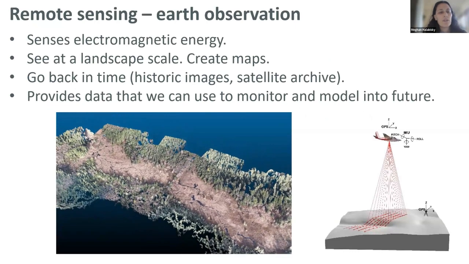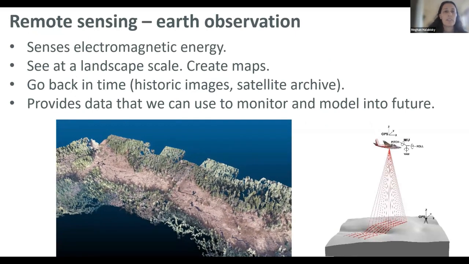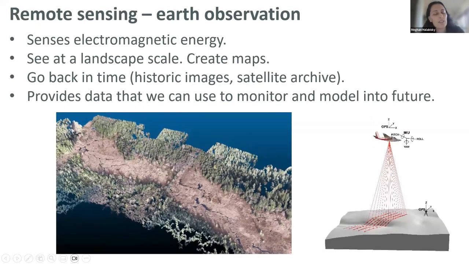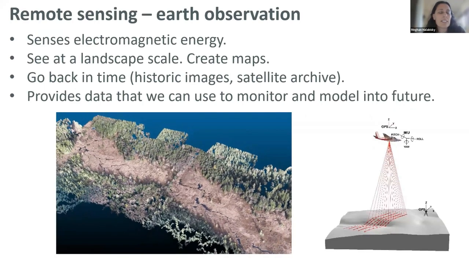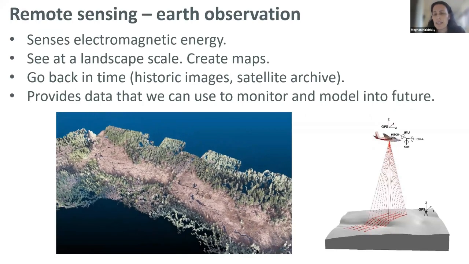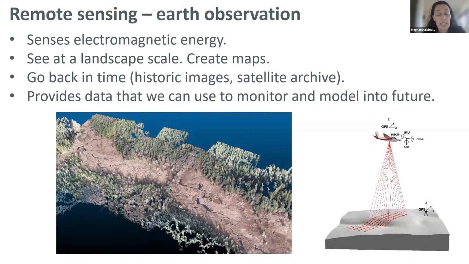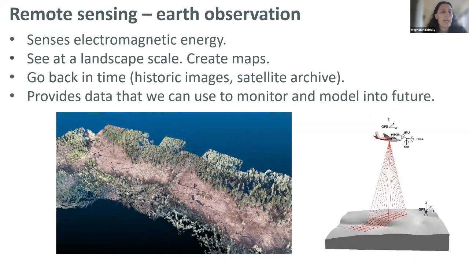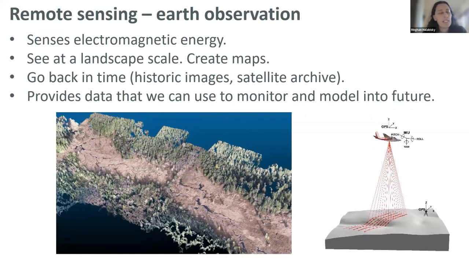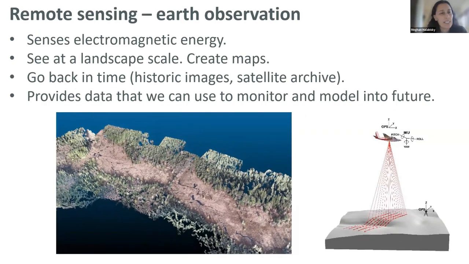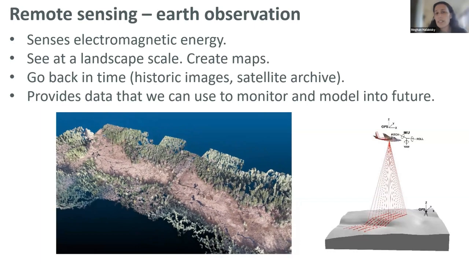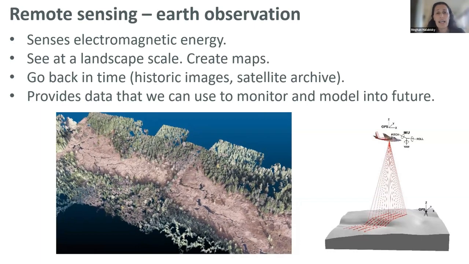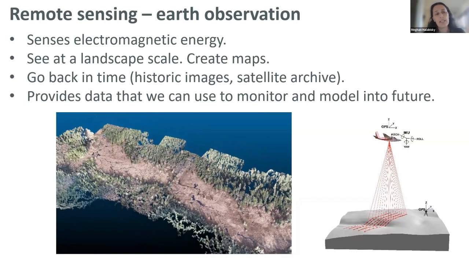So for folks who may be less familiar with remote sensing, in less technical circles it is sometimes referred to as Earth observation. And it really just means measuring electromagnetic energy or light. We can measure that light in many different ways. It can be just measuring the reflected sunlight from a satellite, or it could be a more active sensor like LiDAR, or radar from an airplane.